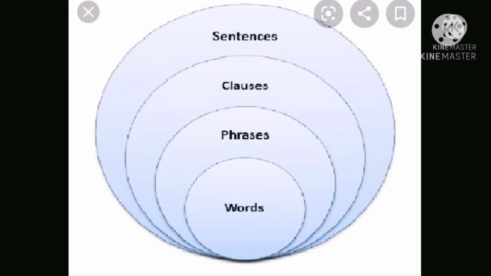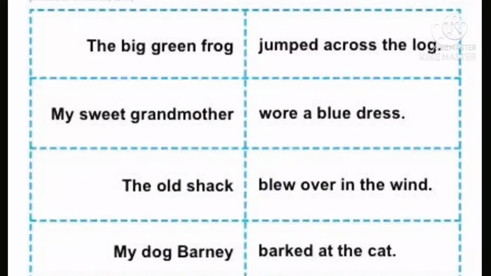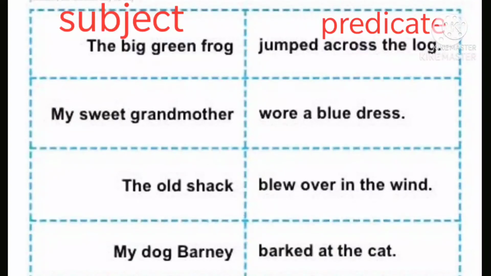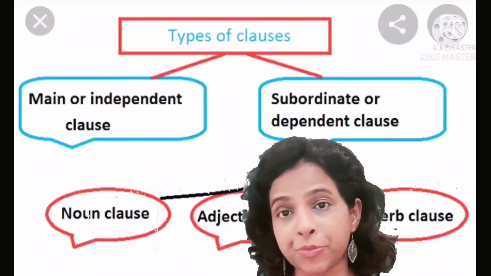So in short, a clause is a small unit of an entire sentence and many clauses can form one sentence. A sentence, on the other hand, is a group of words that contains a subject and a predicate and makes complete sense by itself.